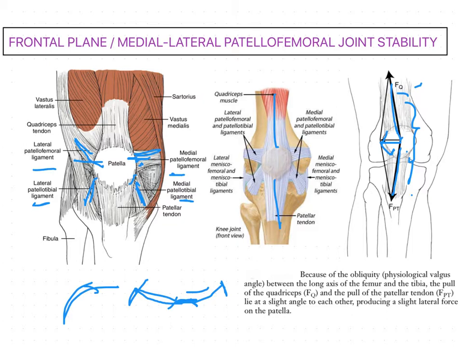All the passive and dynamic transverse and longitudinal stabilizing mechanisms of the patella can influence the medial lateral position of the patella. The passive mobility of the patella and its medial lateral positioning are largely governed by the passive and dynamic pulls of the structures surrounding it.